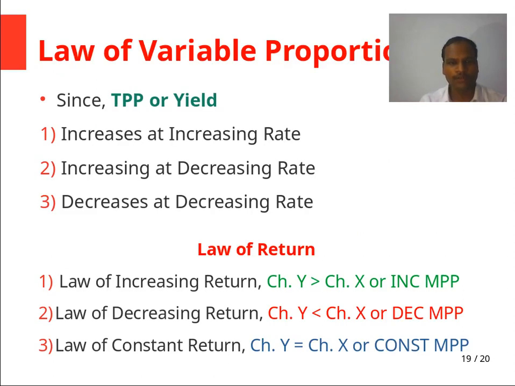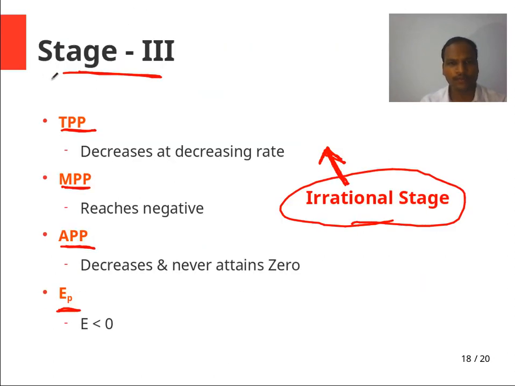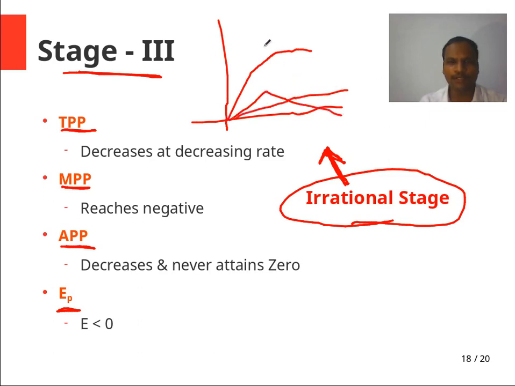So we have seen in this class up to this point, what are the TPP, MPP and APP curves. So the production curves, the first stage is where MPP and APP meet, the second stage is where MPP equals 0, and these 3 stages' characteristics we have seen.